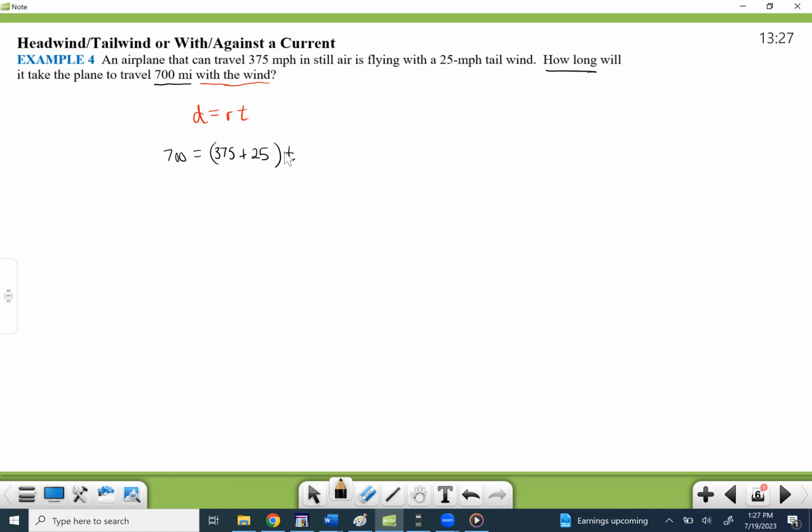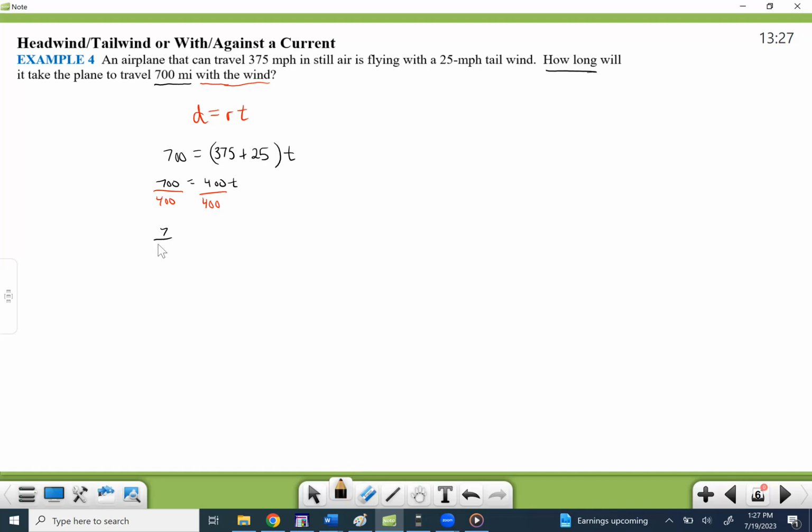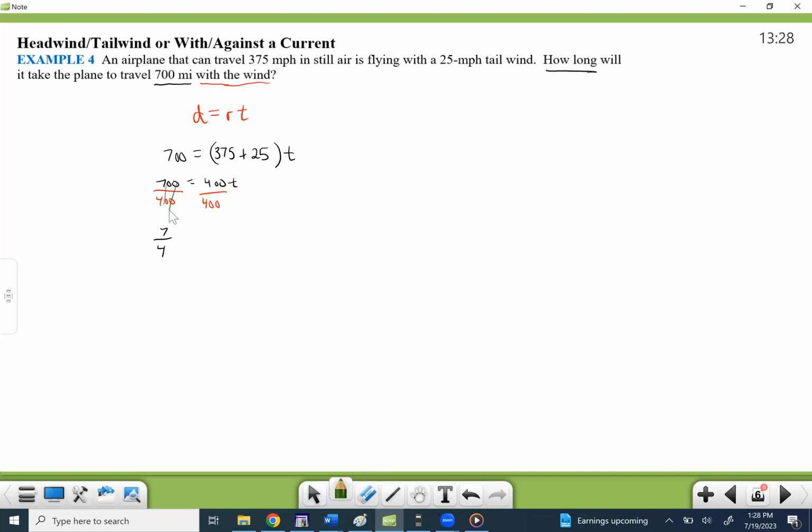All right, so we can solve this. There's only one variable, you guys. We got this. So 375 plus 25 is a nice even 400. We'll divide by 400 to get the t by itself. And that would get you 7 over 4 if you use the cross off the zeros trick, right? Bam, bam.